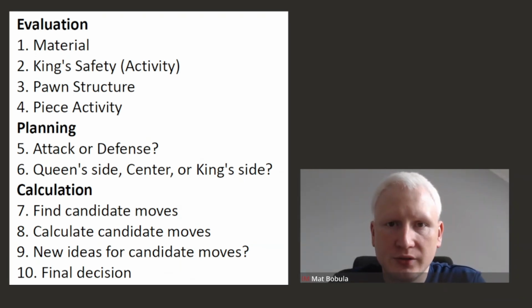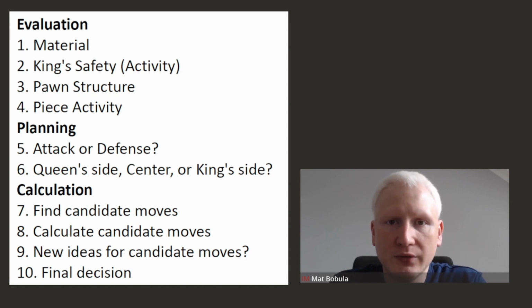Okay, and once you know what your plan is, which you created based, of course, on the evaluation, you are able to go into the calculation. So steps 7 till 10, you should focus on the calculation. And calculation is about finding the exact move that will suit your plan.